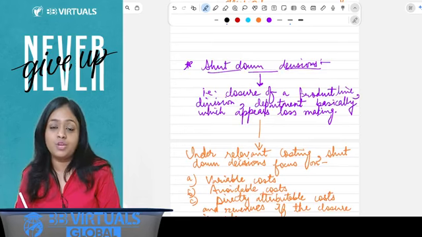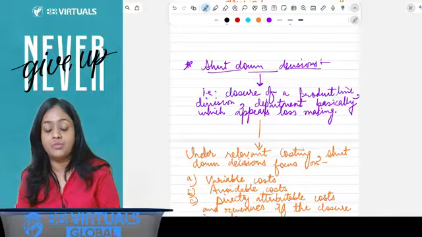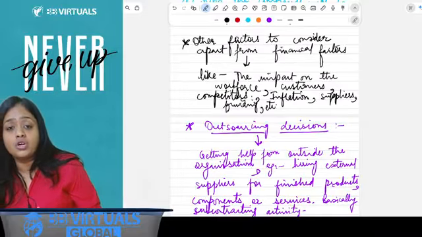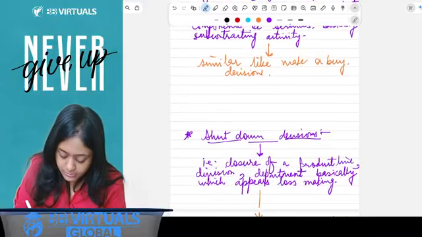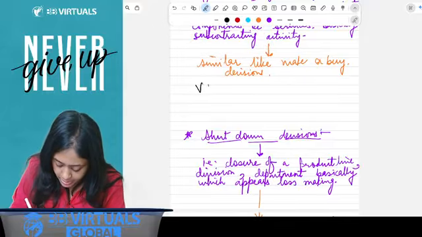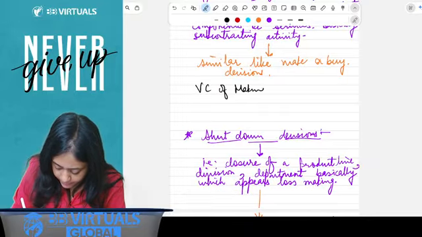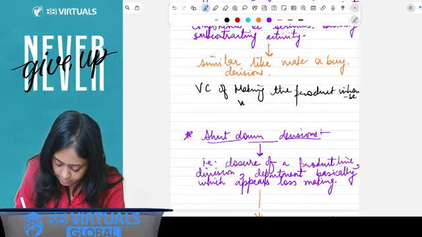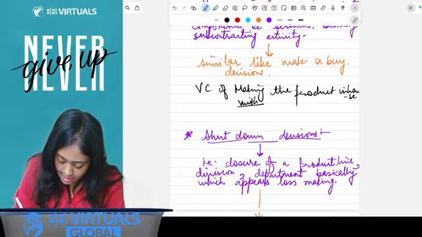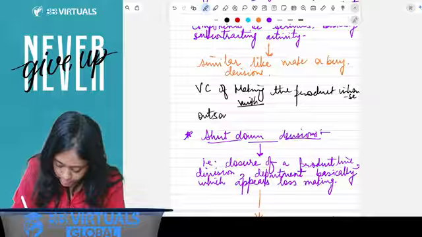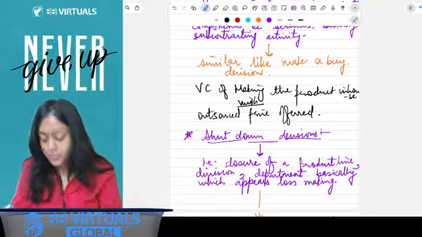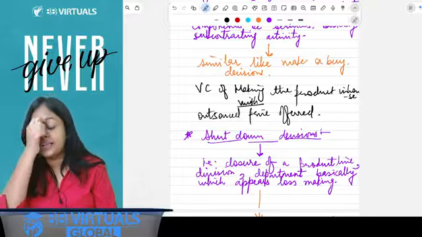Okay, so simply what we actually compare is, let me give you a summary. What we compare in these make or buy decisions, or outsourcing decisions, is the variable cost of making the product in-house with the outsourced price offered.